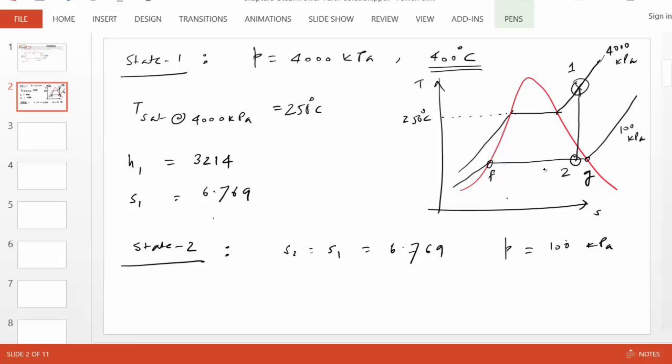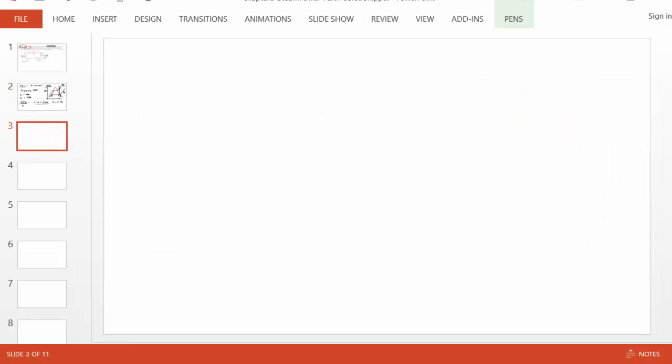To figure that out, let's find what SF and SG are. If we find that S is somewhere in between SF and SG, then we've got the state. Because there is not enough space here, I'll redo this on the next page.